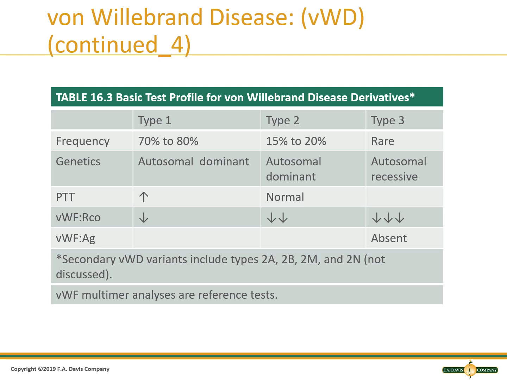The PT is going to be increased with type 1. It's going to be normal with type 2. And the secondary von Willebrand variants include types 2A, 2B, 2M, and 2N, which have not been discussed. And this gives the von Willebrand factor multimer analyses as reference tests.